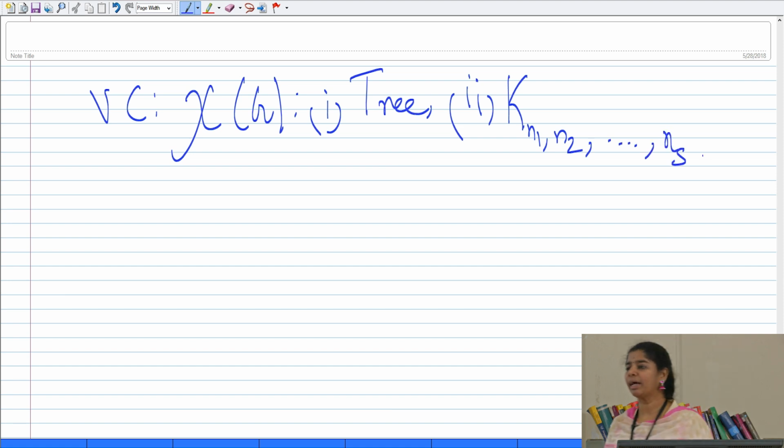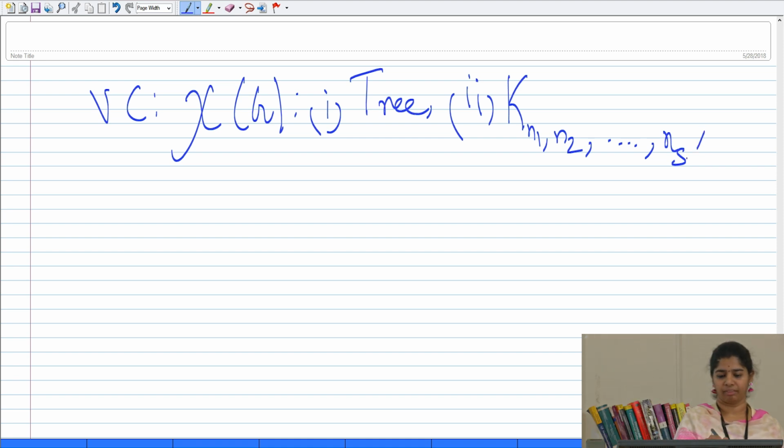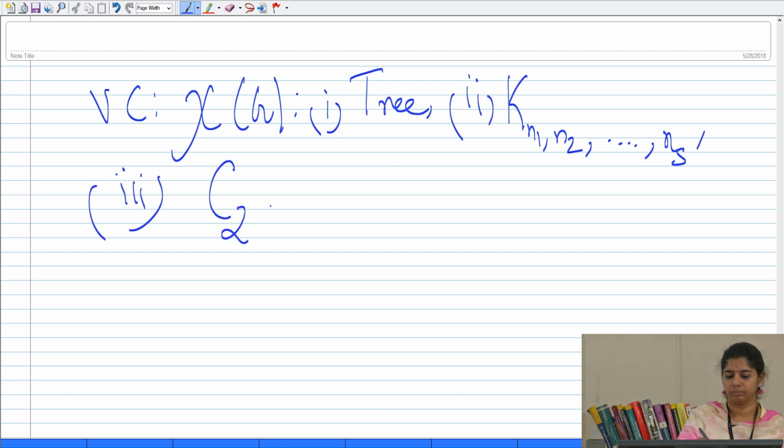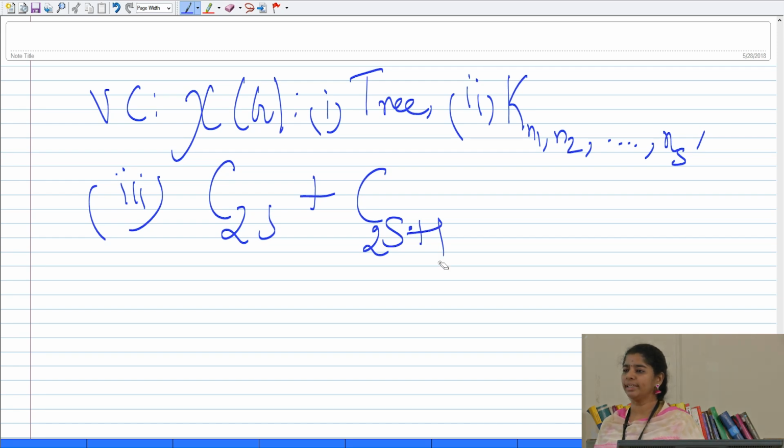If I have a complete multipartite graph K n1, n2, ..., ns, where S partitions are there, each partition contains ni vertices. Then C2s plus C2s plus 1. So, what is the sum operation here between two graphs? How do you define joining, how do you join them, that is the question.